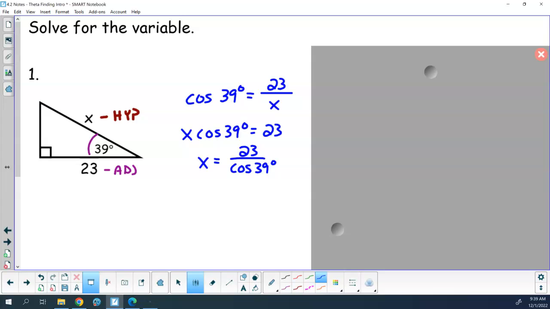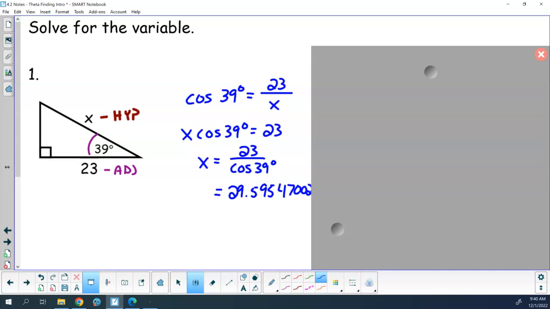Which gives us, make sure your calculator is in degrees, because that's what we're dealing with. You should see a D or a DEG somewhere on there. Cosine of 39. I get X is 29.59547002.